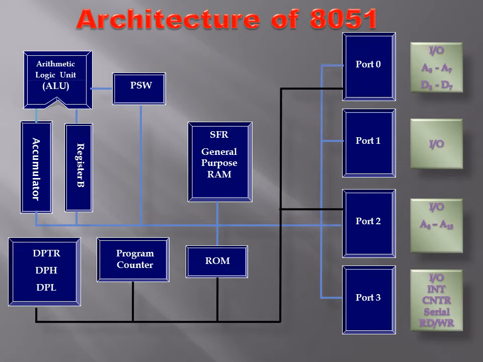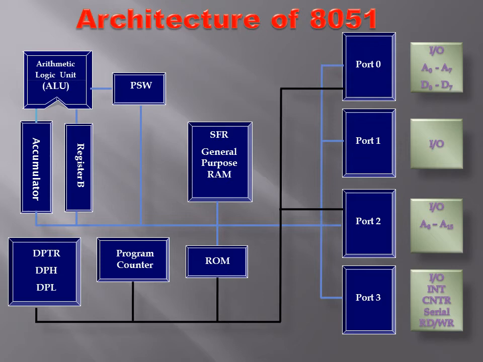In the 4 ports, port 0 and port 2 have a pin structure which is considered to be not only input output ports but also address lines, and port 0 as data lines as well.